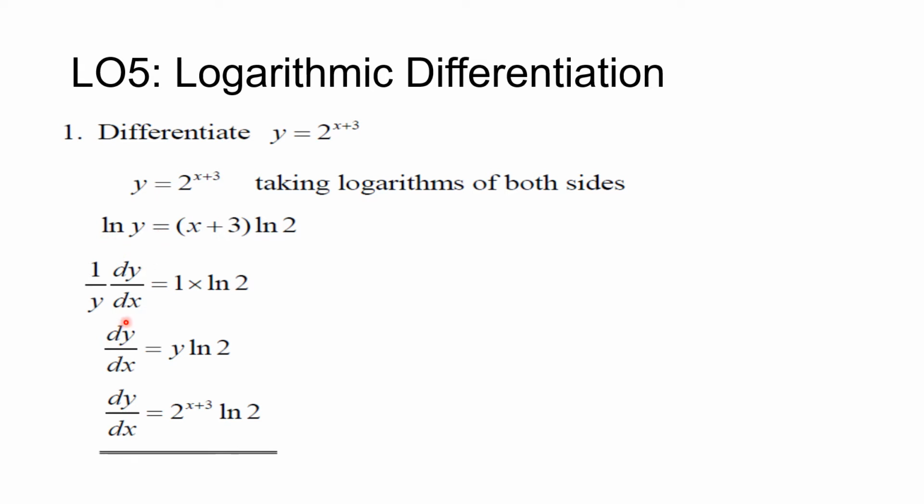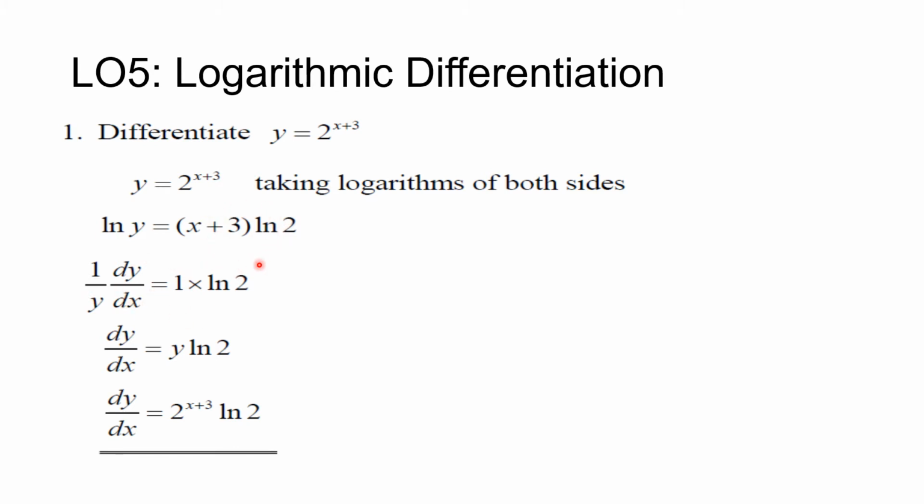Recall, to differentiate ln f(x), it is f prime x over f(x). Similarly here, f prime x is dy/dx. If you differentiate ln y, you get dy/dx over y. I've written it as 1 over y multiplied by dy/dx. Each time you differentiate ln y, you will get 1 over y multiplied by dy/dx.